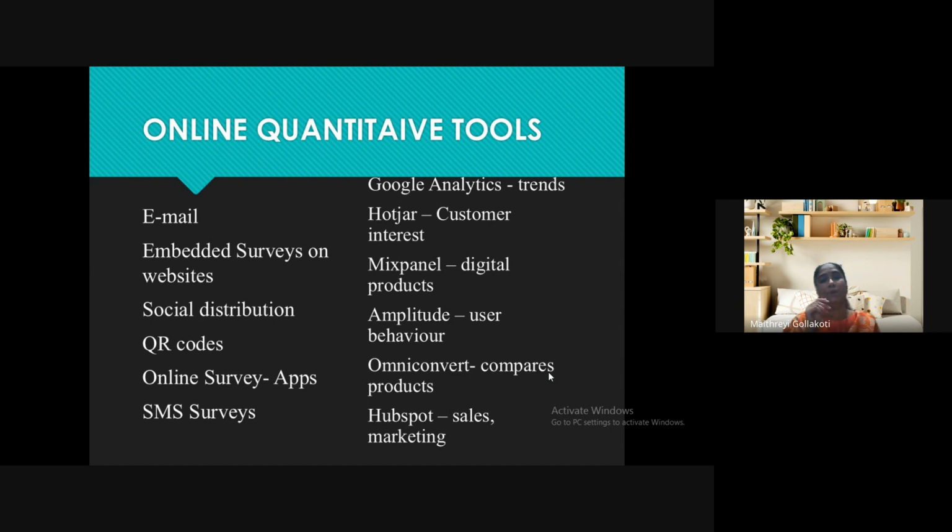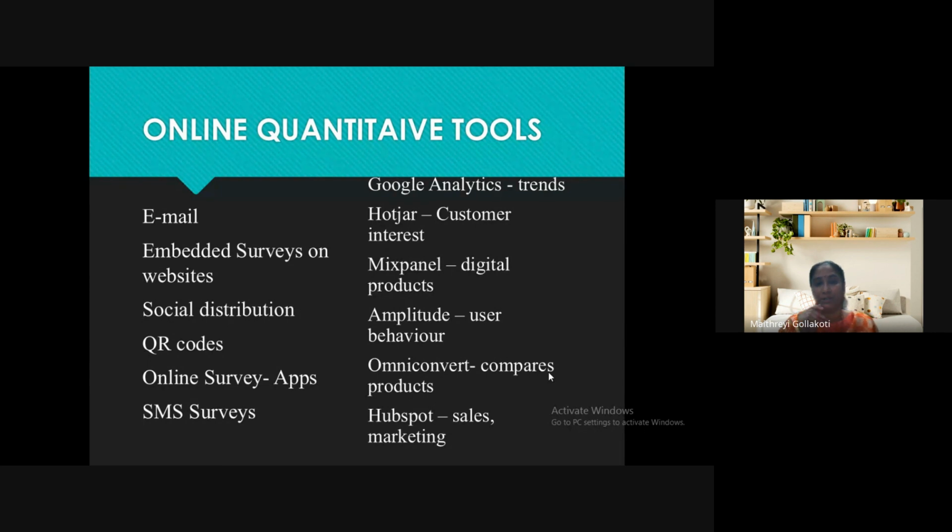Embedded surveys on websites. So if a product has a website, on the website itself you can have a small survey and you can ask the consumers to rate the product, isn't it? And you can do social distribution, meaning from door to door you can give a survey, and after 1 or 2 hours you can collect it. Like that also you can do social distribution.